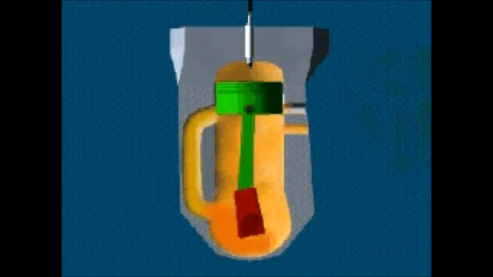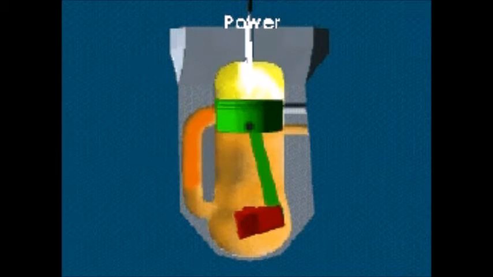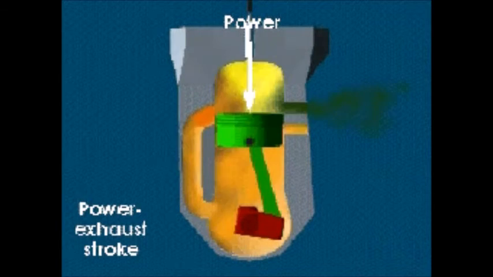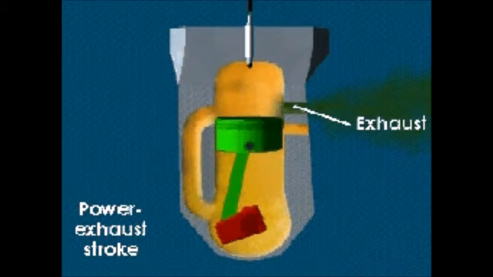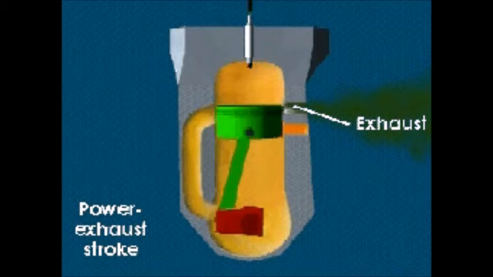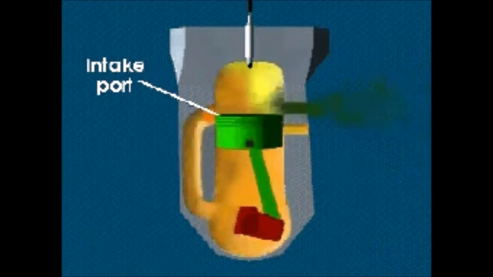When the piston reaches the top, the spark plug ignites the mixture. Burning gases push the piston down for the second stroke, called the power exhaust stroke. As the piston uncovers the exhaust port, the gases escape, and a fresh mixture enters the cylinder through the intake port.